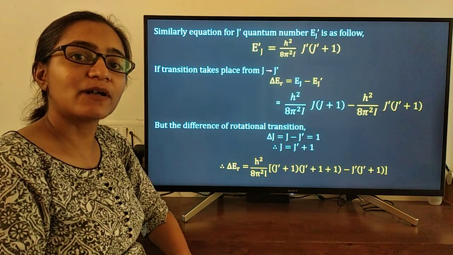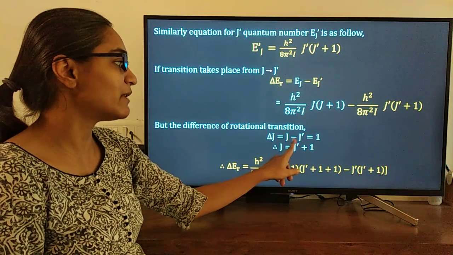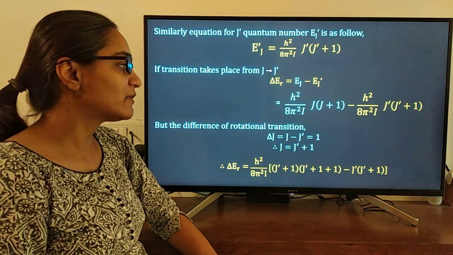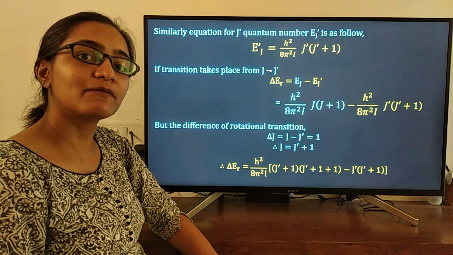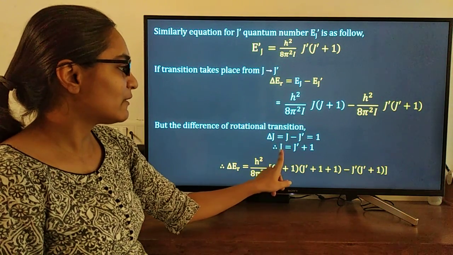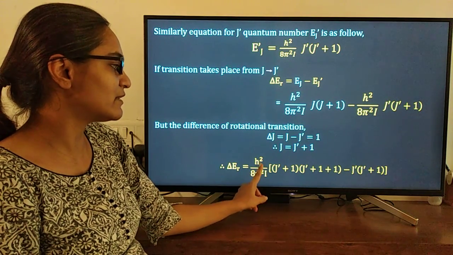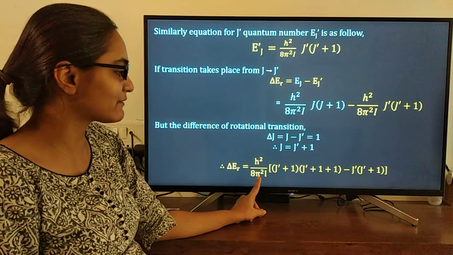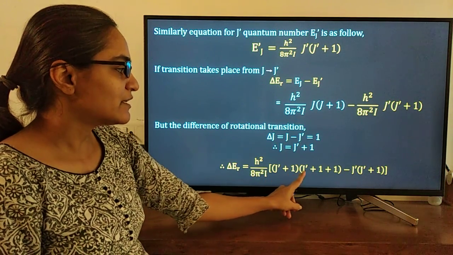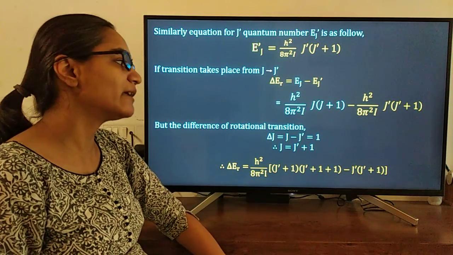But for the rotational transition, delta J is equal to J minus J prime is equal to 1, so J is equal to J prime plus 1. Putting the value of this J in the above equation, we get the following. h square upon 8 pi square I is common, where we have J prime plus 1 into J prime plus 2 minus J prime into J prime plus 1.